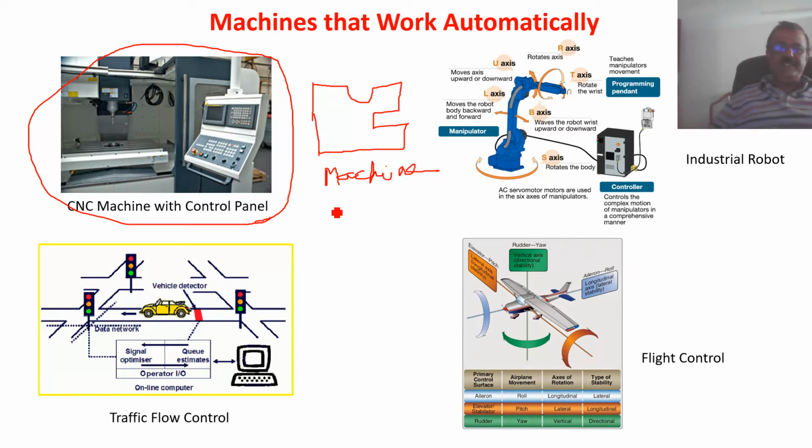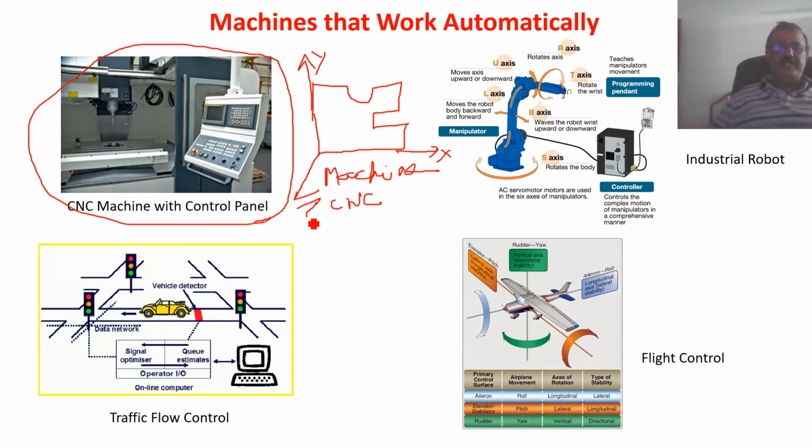So what we do is we write a CNC program. What is a CNC program? Basically a set of instructions. How exactly? The tool has to move in the X direction, Y direction, even the Z direction.